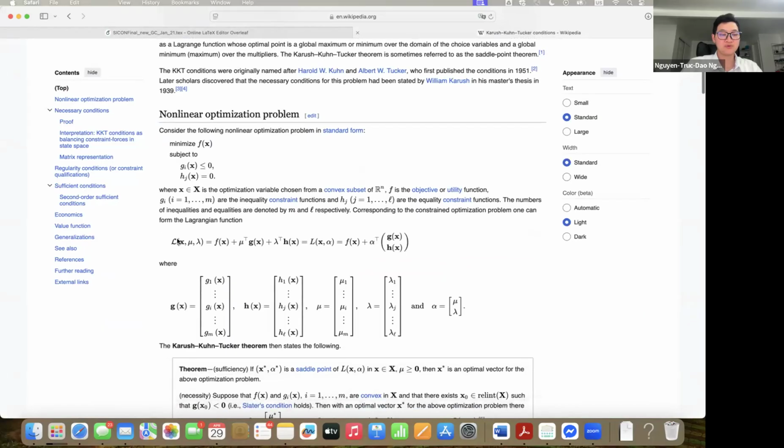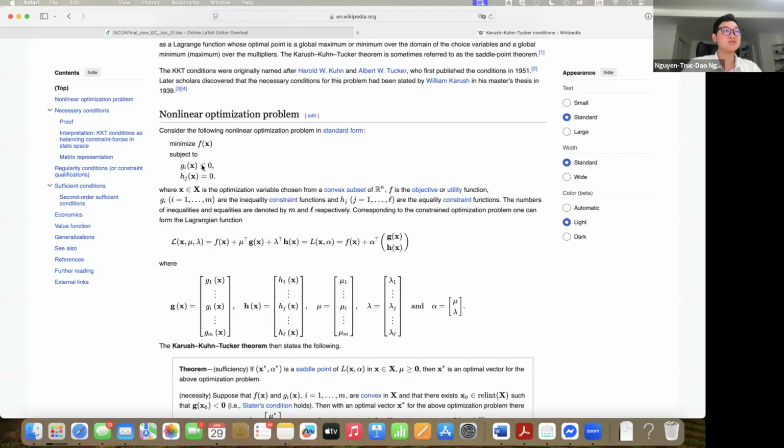You need to set the Lagrangian function equal to 0 and solve for that. Do you agree with me? The first term will be the cost function over here. The second term will be the inequality, on one side, multiplied by the multiplier mu. And then we get another function for the equality constraint multiplied by the multiplier. So mu and lambda here are called multipliers, and they go together with all the constraints.